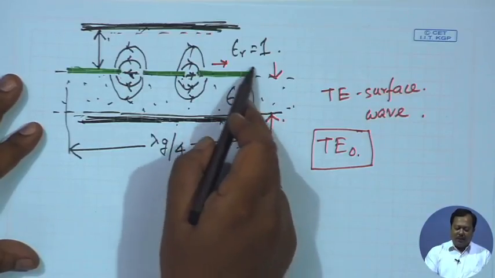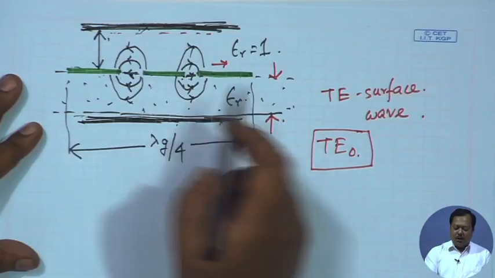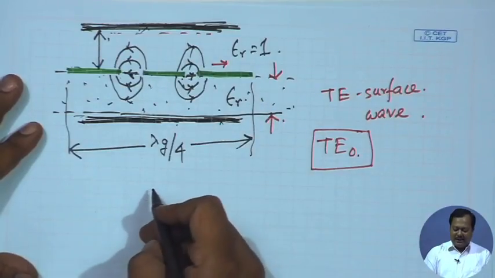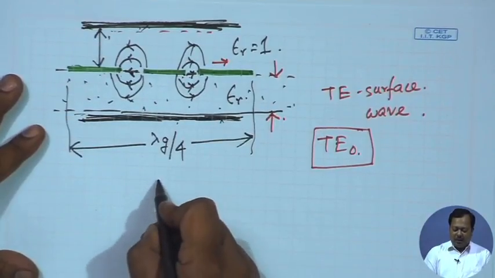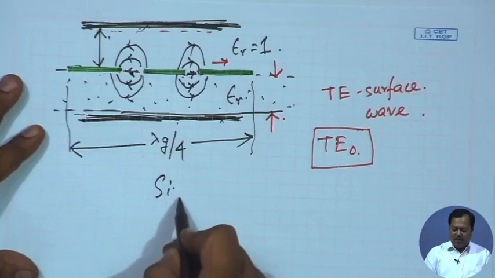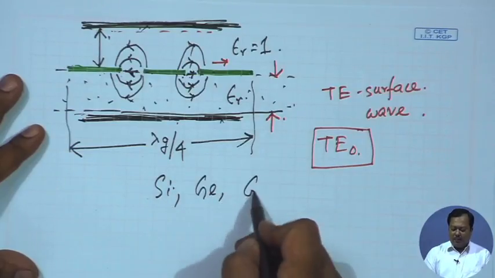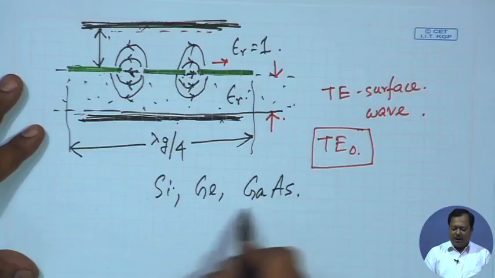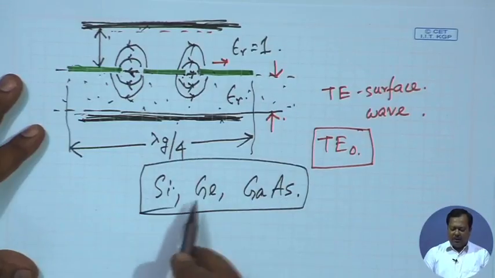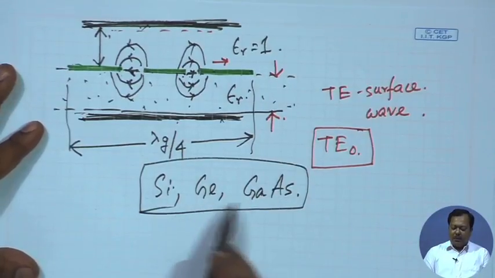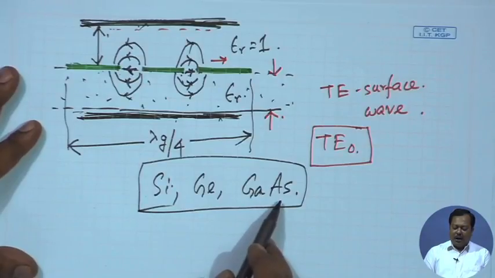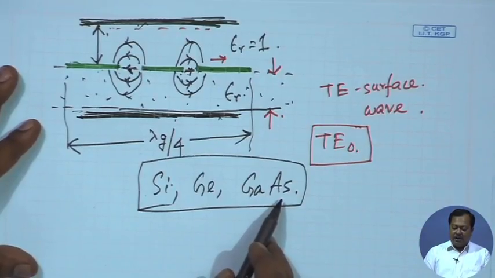So, usually a pure CPW line is used in the semiconductor industry, like in silicon fabrication, germanium fabrication, or gallium arsenide fabrication. Again, silicon, germanium or gallium arsenide follow different fabrication processes.